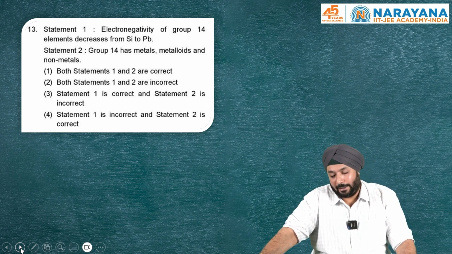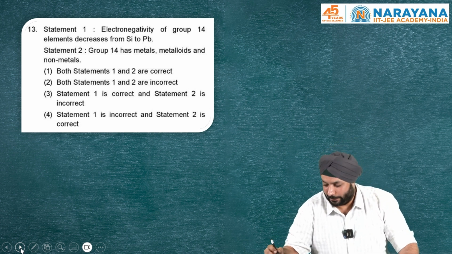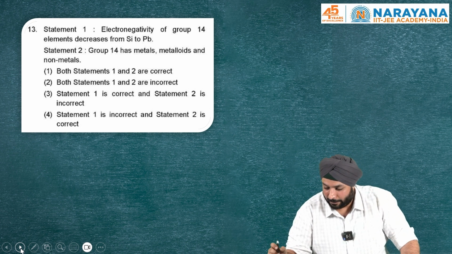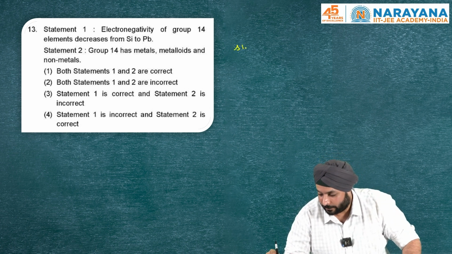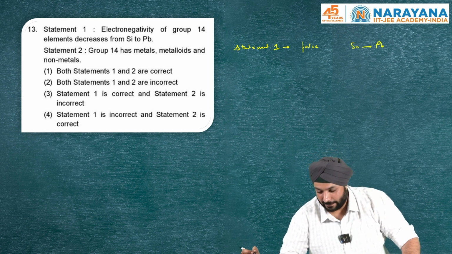Then group 14 elements has metalloids and non-metals, that every one of us knows, right? So statement 1 is false because from tin to lead electronegativity increases.